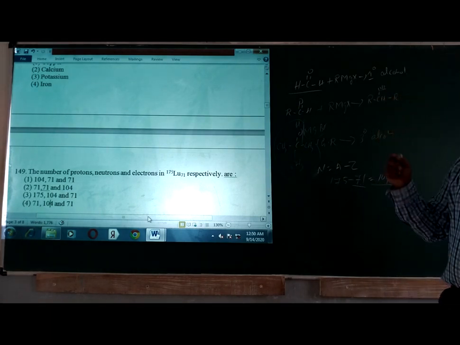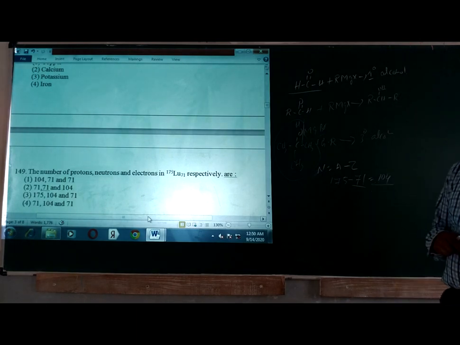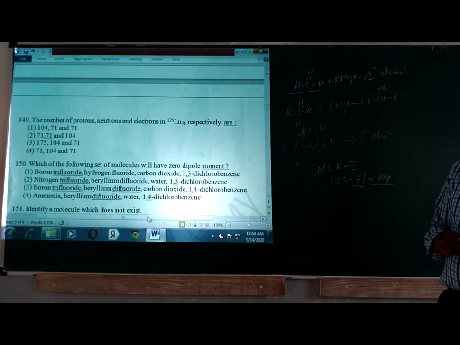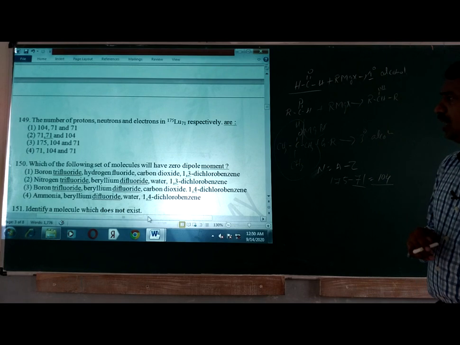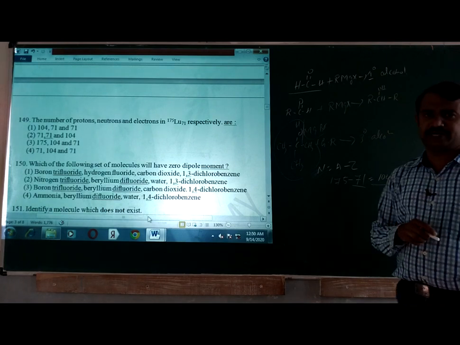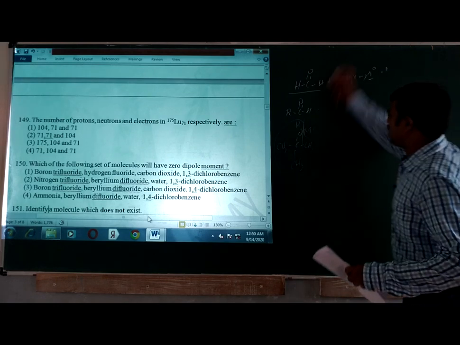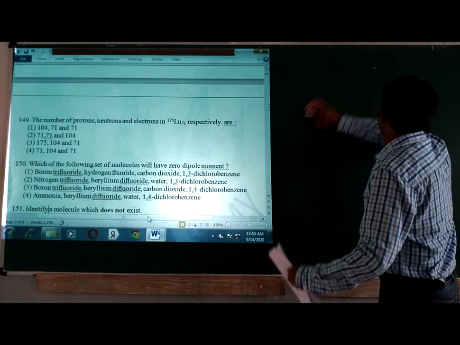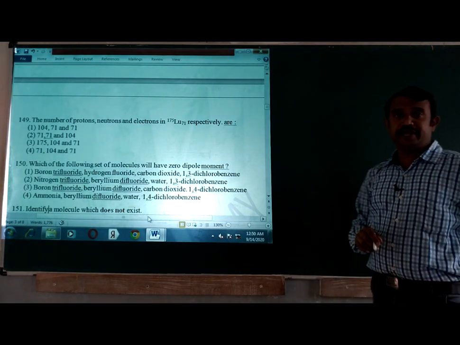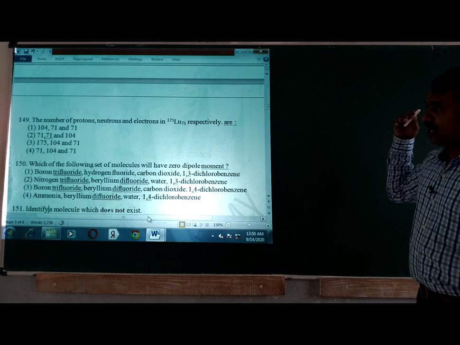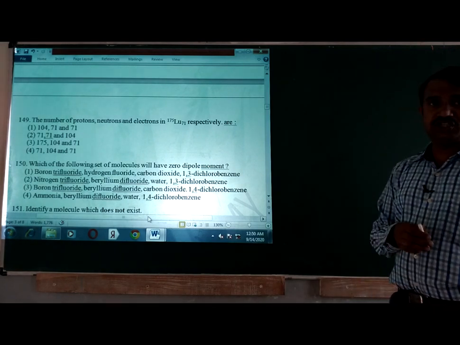Okay. Next one. Listen here. Which of the following sets of molecules will have zero dipole moment? You should know that planar structures, such as carbon dioxide, trifluoroborane and beryllium chloride, have zero dipole moment.